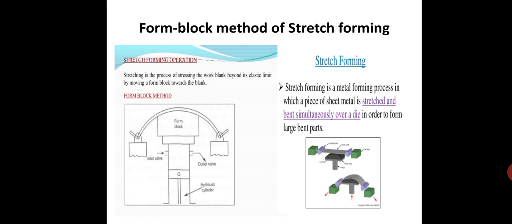Here, how much force is needed for the stretching process? By considering the type of material and hydraulic oil conditions, the force is equal to pi by 4 times the square of the piston diameter times the hydraulic fluid pressure.